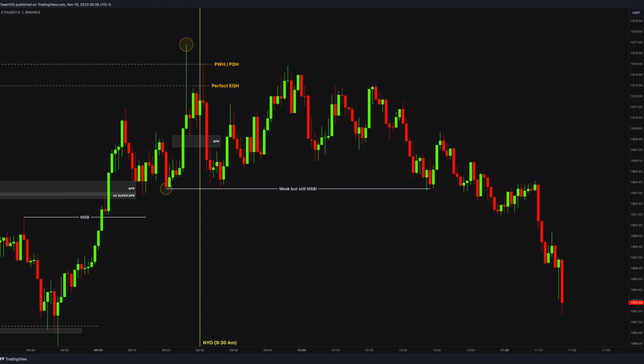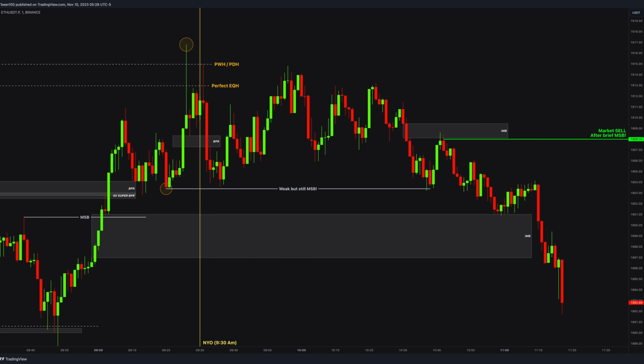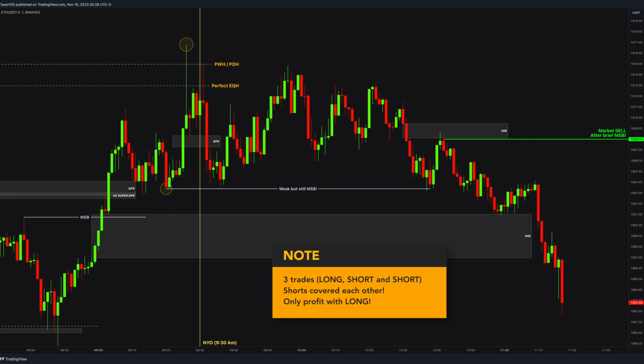It was brief and weak, but still an MSB. From the imbalance, I took a market sell again, carrying the position through this giant imbalance here. So, I had 3 trades, 1 long and 2 shorts. And those 2 shorts covered each other without profits, only made profits with the long.